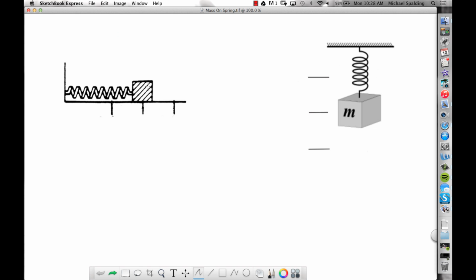Okay? What type of energy would this mass have when he's right here? Well, first off, let me ask you this. What's going to be the velocity at this end of the oscillation? For a split second, this mass is going to stop. The velocity here is 0. And then what's the velocity over here at the other end? 0. Okay?